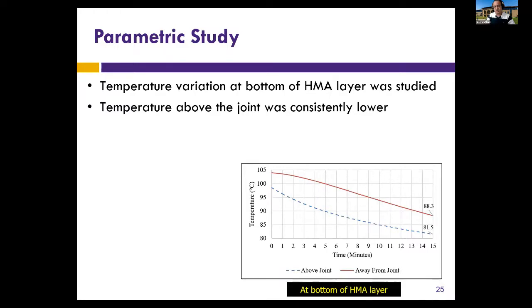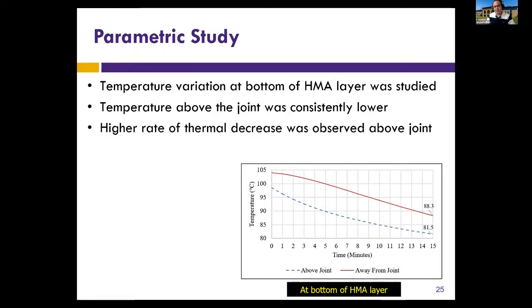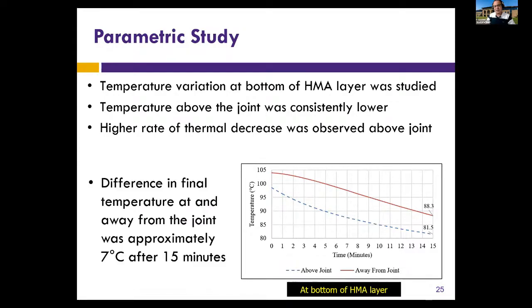And also the joint is filled with air, so you get a lot of convection loss at the joint. And that's why you can see here above the joint and away from the joint, there is a significant difference in temperature. So what this means is that during construction, you can get significant temperature segregation, not only at the surface, but also at the bottom of your overlay.